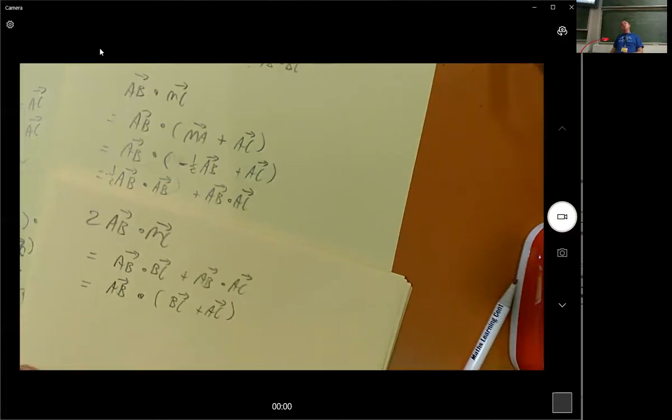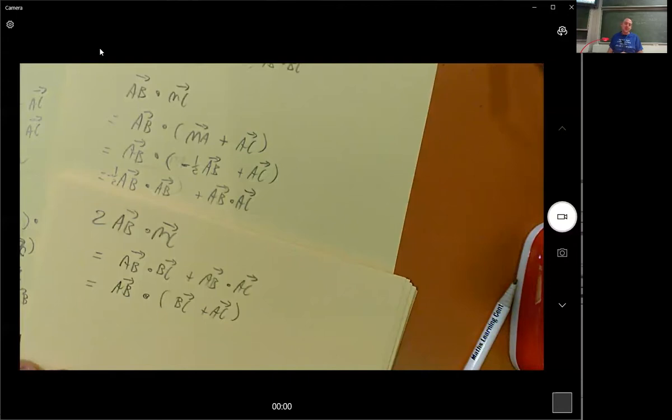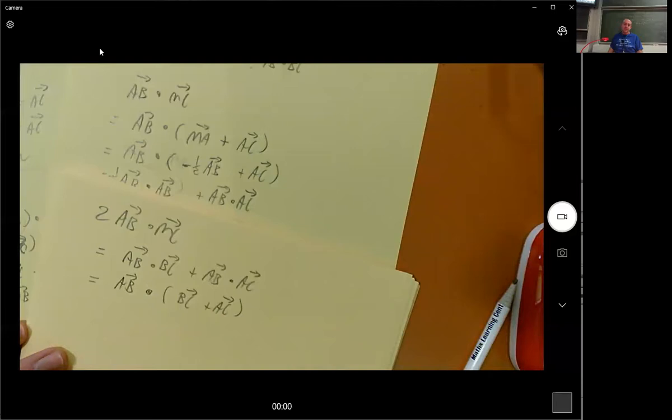I may give up at this point. It's easier to do with similar triangles, but with the vector proofs, I still haven't got good strategies for just coming up with the thing that works. I thought I was onto a winner there, because if I could make this, but then I'd need to know that those things were orthogonal, and that's just the same thing in the end, isn't it?